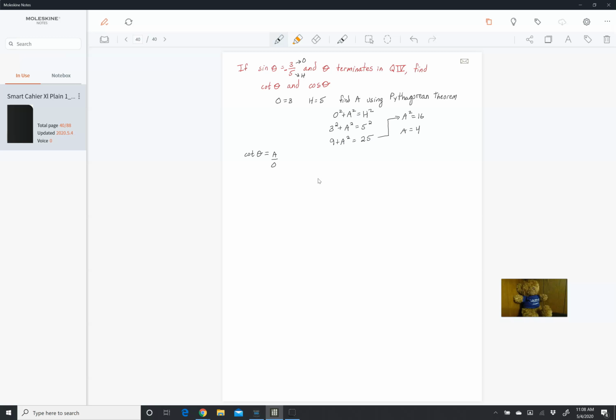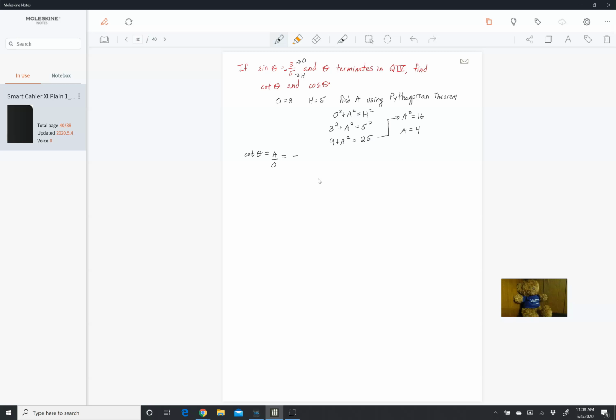So we have to take into consideration, is cotangent positive or negative in quadrant 4? Well, if tangent is positive, then the cotangent is positive. If tangent is negative, then the cotangent is negative. So in quadrant 4, sine is negative, cosine is positive. This means that tangent is negative. So cotangent is negative.